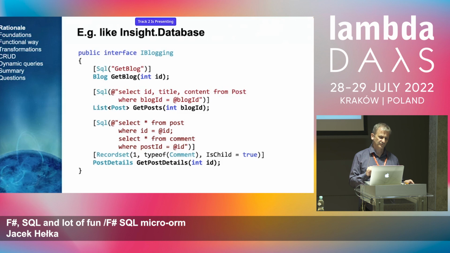Inside database is a tool in which you define your database API by simply defining an interface. Your data access routines are methods of this interface. And you decorate these methods either with stored procedure names or with plain queries, and it is the only way you can express your queries.